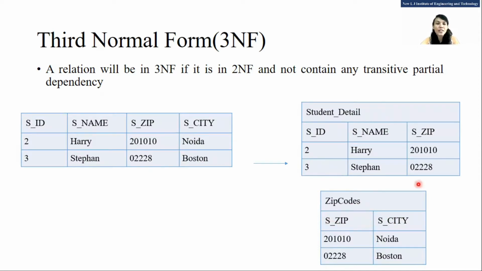This is how I'm removing transitive dependency from this particular table. Each and every time, to remove a dependency, you have to decompose your table. Okay, so now we can say that these two tables, student details and zip codes, are in third NF, because in both tables, the attributes we have do not have any transitive dependency.